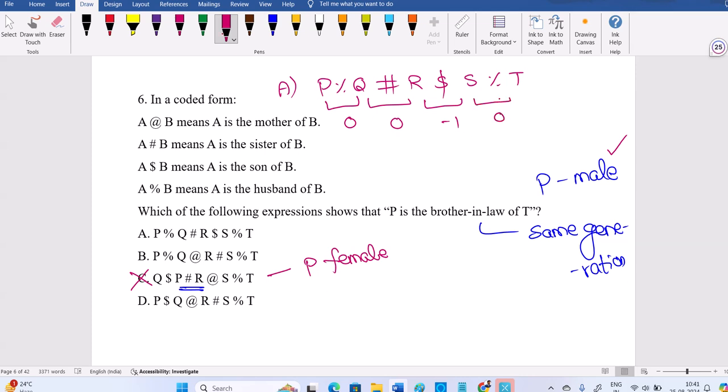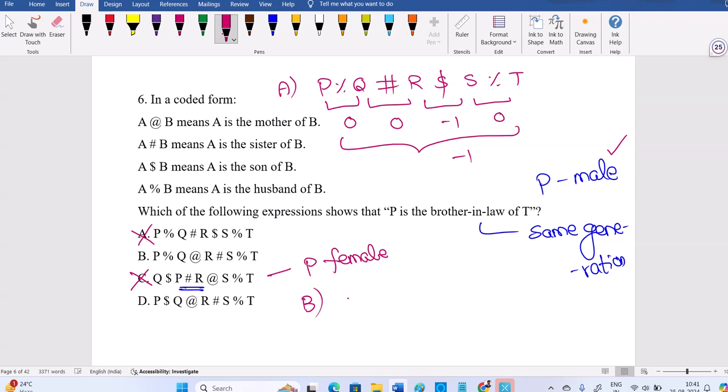From P to T, I got -1 overall. Same generation means 0 required. Option A eliminated. I repeat: percentage means husband, 0, same generation. Hash is sister, same generation, 0. Son means below generation, -1. Percentage means husband, so same. P to T overall, we got -1. We need 0, same generation means 0 required. A eliminated.